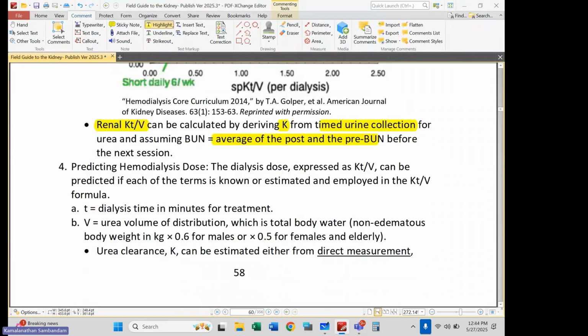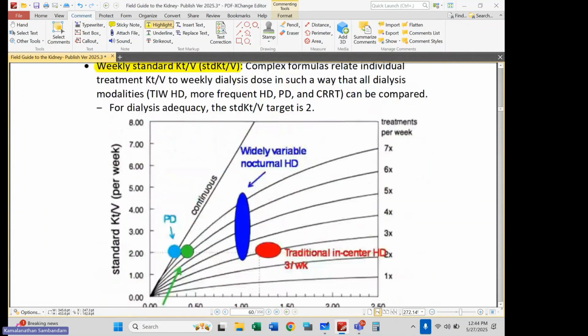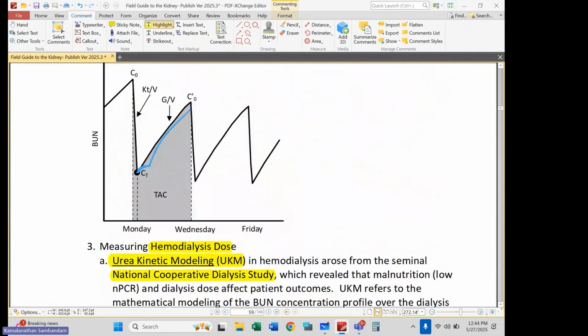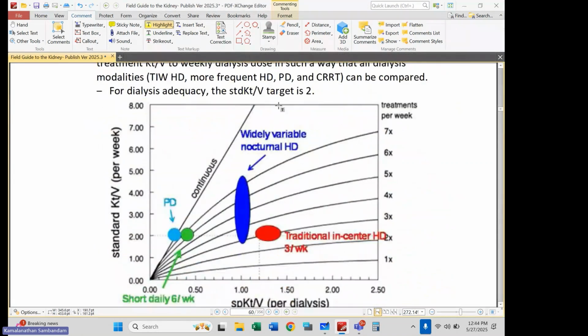Okay. Those numbers are going to be quite different when you're doing pre and post BUNs in a hemodialysis patient. In a PD patient, this number will be relatively stable over the period of the 24-hour urine collection. Okay?